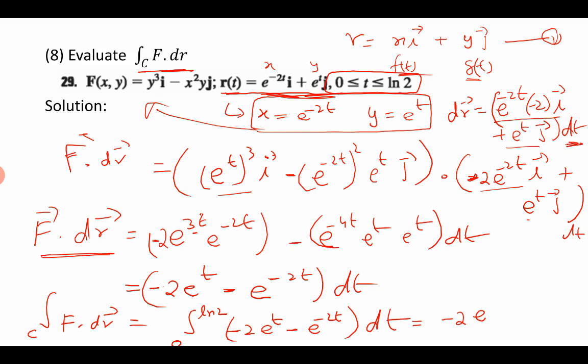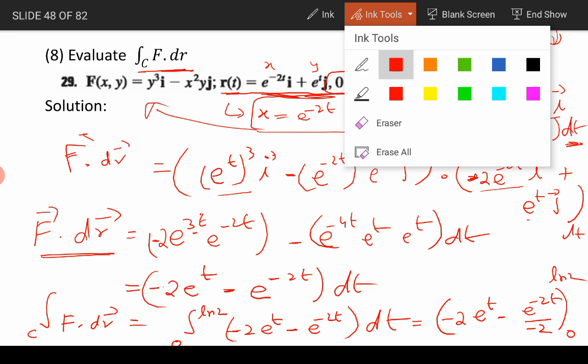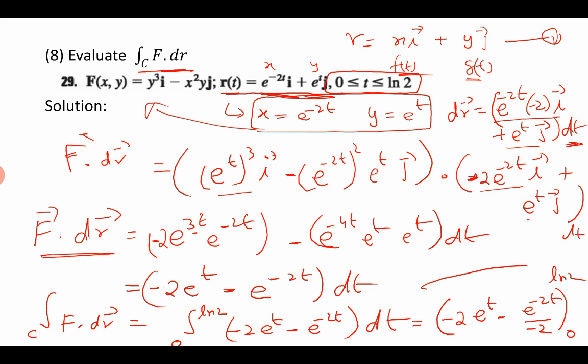Minus 2 is constant, e power t remains e power t, minus e power minus 2t divided by minus 2. It will be positive, isn't it? From 0 to ln2. So in the next step, what you get is this term. You should remember. We will write the next step.